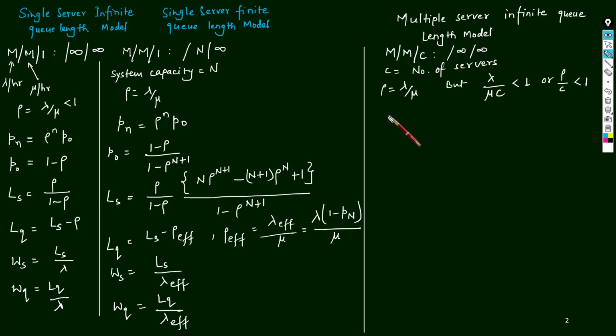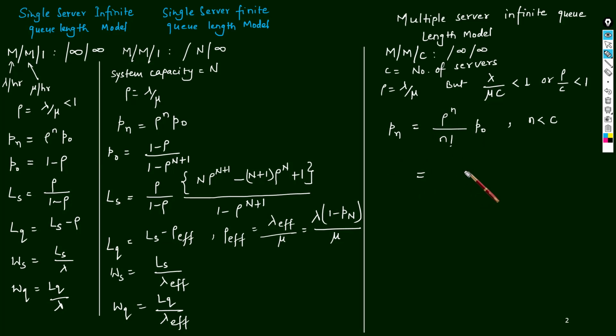So the expression for Pn has two parts. One is rho to the power n divided by n factorial into P naught, when n is less than C. This is for n customers in the system.